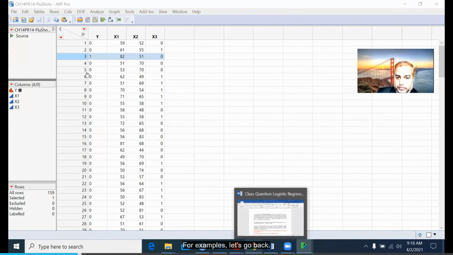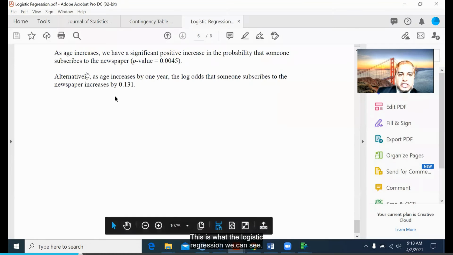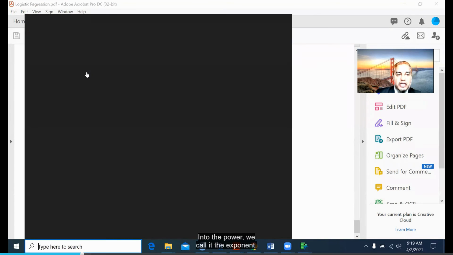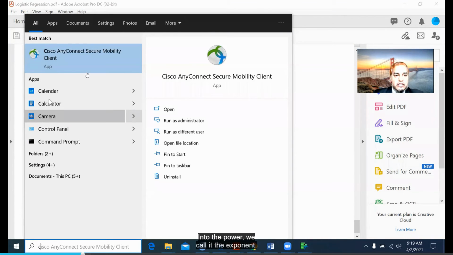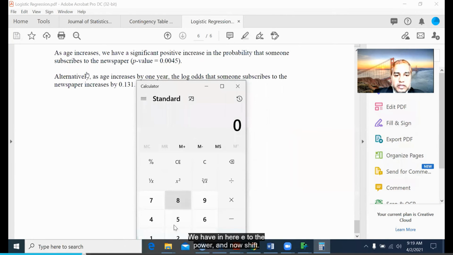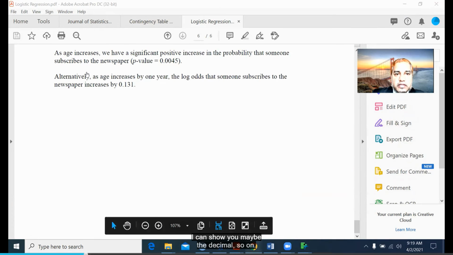So for example, let's go back. This is the logistic regression we can see. Now this is the log odds that we have seen. If we take the exponent of this, what are we going to get? E to the power, we call it the exponent.